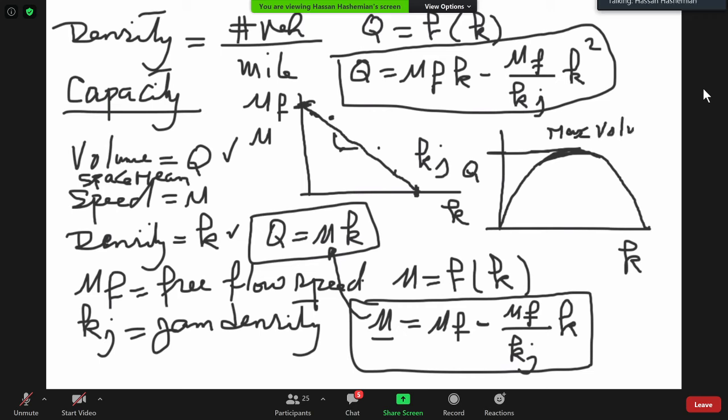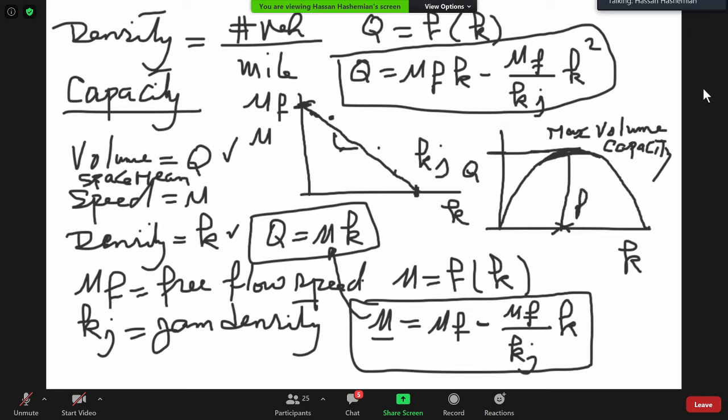What did we call maximum volume? We call maximum volume capacity, correct? That's the maximum volume. Here, this point here is when we have the maximum volume.